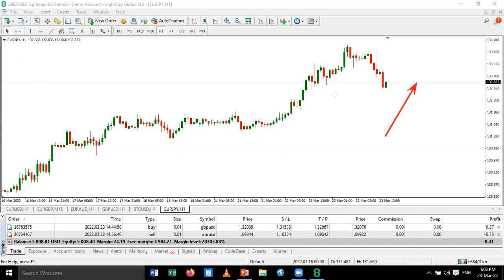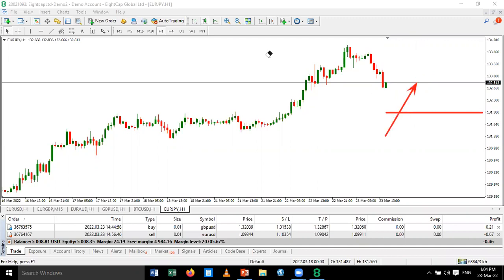I want to buy, say, from this particular area. I don't want to buy at the point the arrow is pointing at. I want to buy at a price that is below the current market price. I believe that the market might simply come down before it starts going up. So I don't want to buy from the current price, which is from here. I want to buy from a price that is below the current market price.